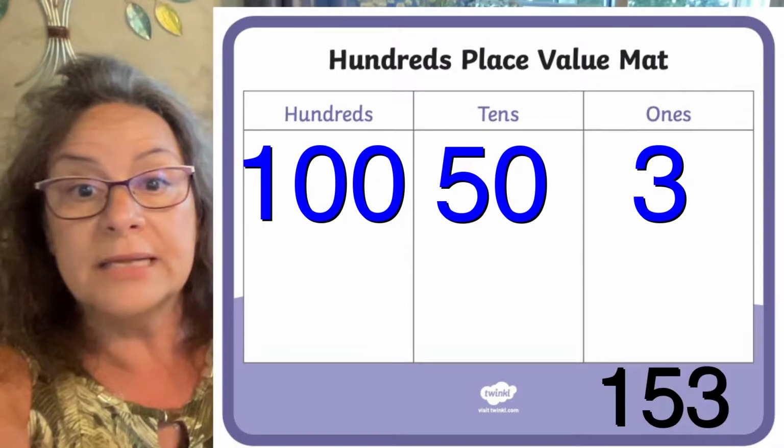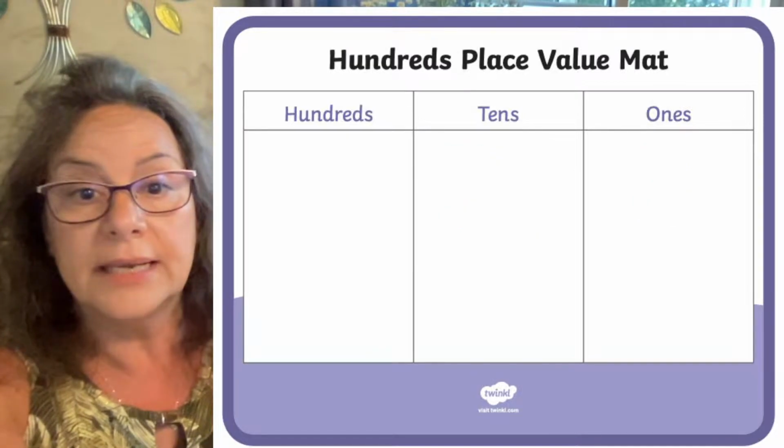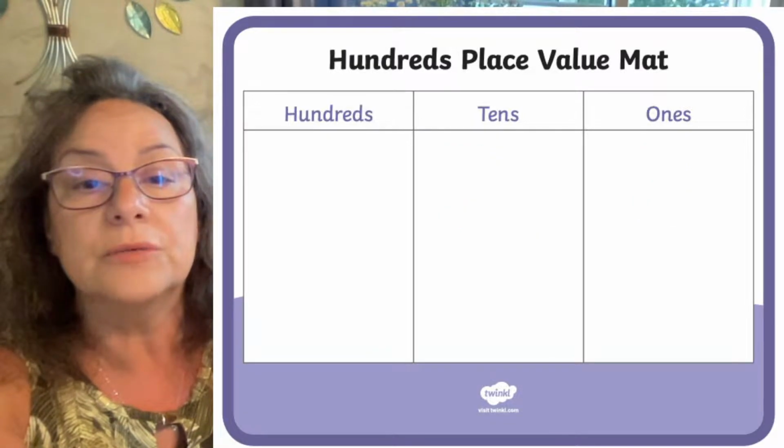It's an important concept to learn in math. And just because it's easy for you to learn doesn't mean that you don't have to learn it, or that it's not important. It's very important for you to understand your numbers.